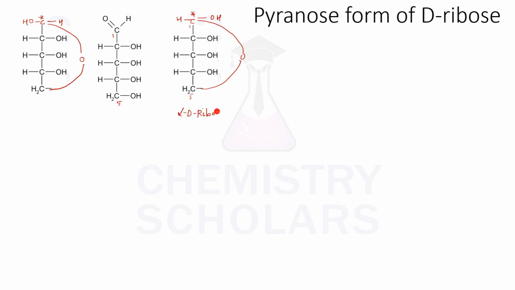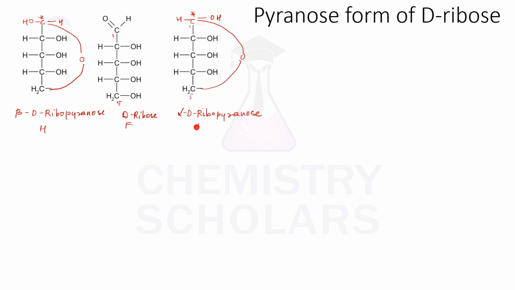So this will be alpha D ribopyranose structure, and when it goes to the left hand side, it will be beta D ribopyranose. And the middle one is D-ribose, which is the Fischer projection formula.